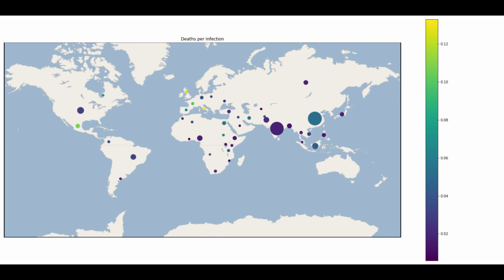But what we can see here is that southwestern Europe, so especially Italy and the United Kingdom, have a very high ratio at that point. And a relatively high ratio we also see in France and in Mexico, and also a bit in Spain.